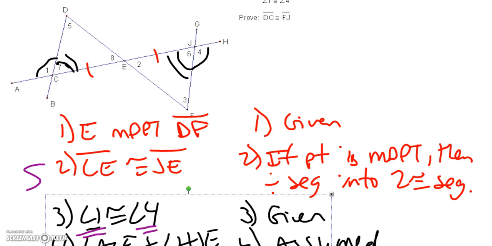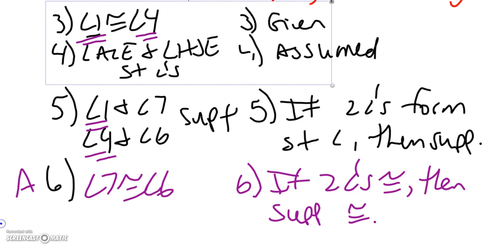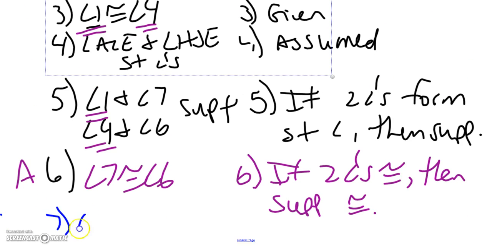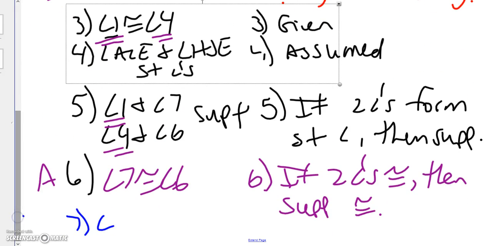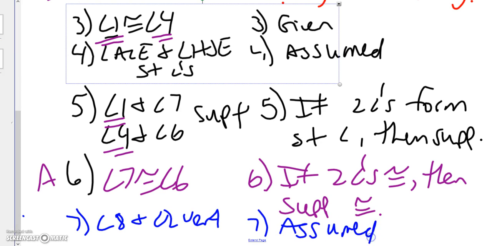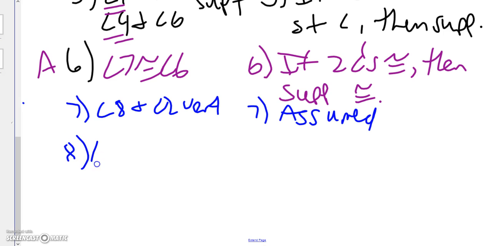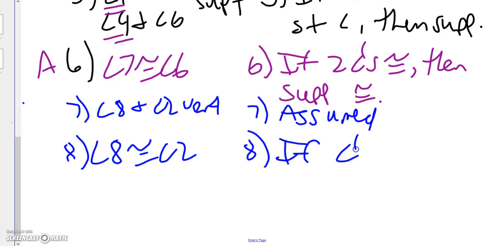Another piece of information that I can take from the diagram is I can see that angle 8 and angle 2 are vertical angles. That's something we can assume from the diagram. After I say that they are vertical, I can say that they are congruent to each other. If the angles are vertical, then they are congruent.